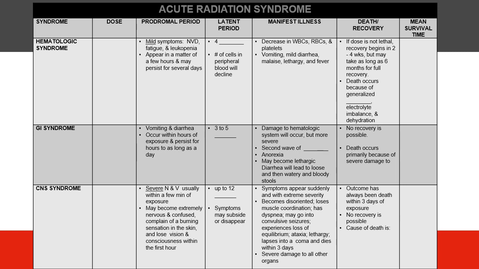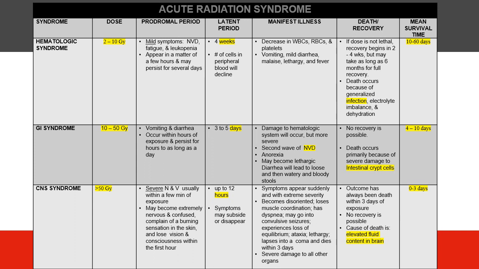As mentioned before, recovery is only possible if the person receives a dose so that they only go through the hematologic syndrome. If the dose is high enough that they undergo the GI syndrome or CNS, then they will definitely die. And then we'll talk about the mean survival time. So to start off with, the dose to go into the hematologic syndrome is 2 to 10 gray.